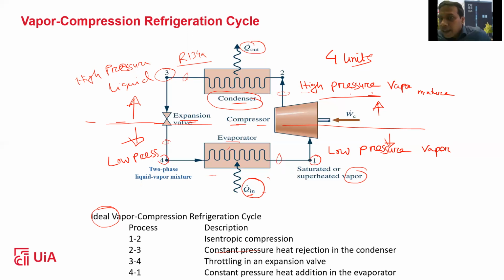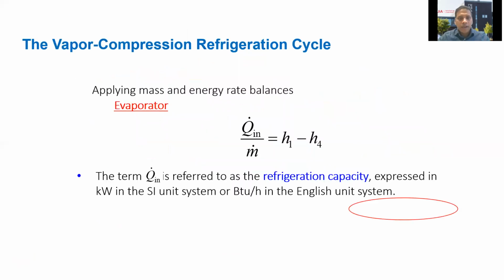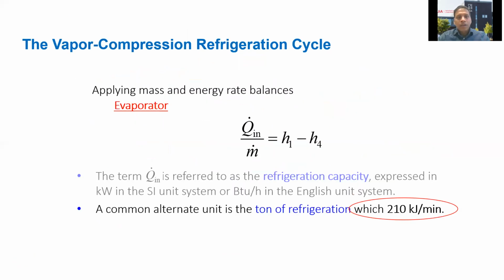So in an actual case, you will face this kind of heat loss. But in this case, we are saying this is an ideal vapor compression cycle because we haven't considered any kind of losses in this process.